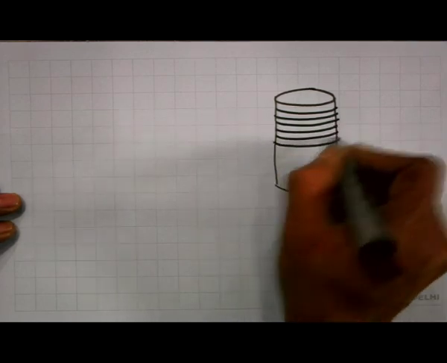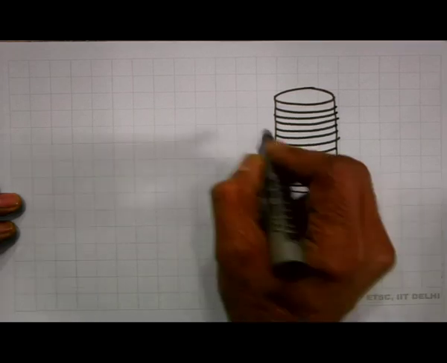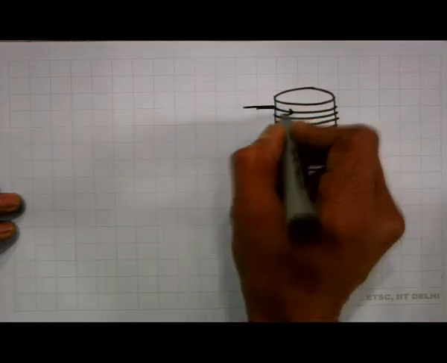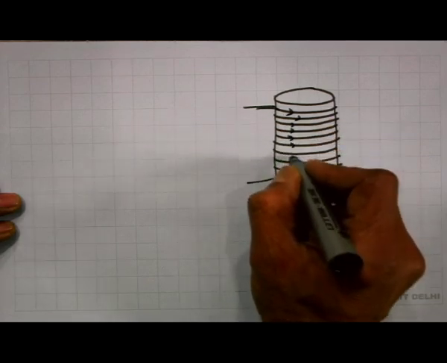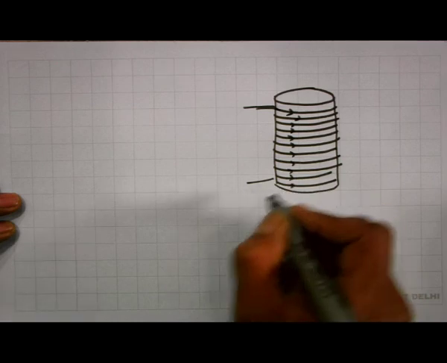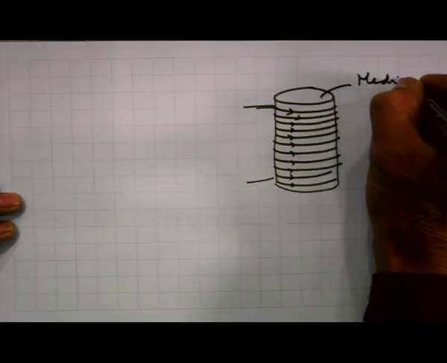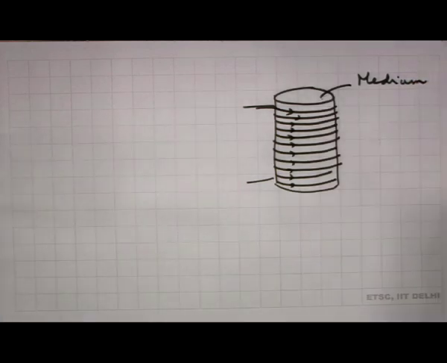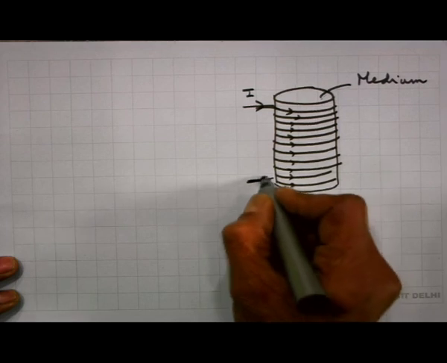So, I have wires wound on a medium, and this wire is carrying current like this. There are currents propagating like this, each of the wires carrying the same current just like a solenoid, except that now this is a medium. So, I have a current I flowing through the wires of the solenoid.